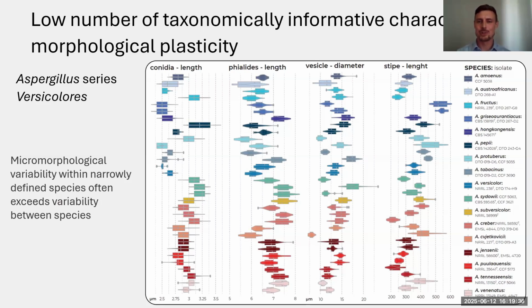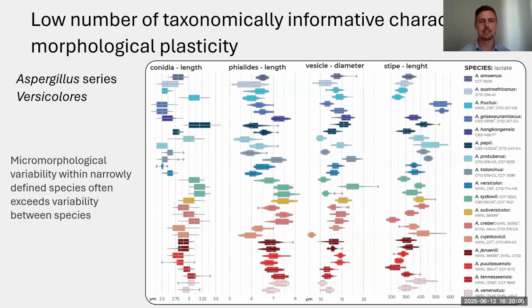So I wanted to demonstrate here, these box plots show the measurements of several morphological traits of Aspergillus series Versicolores, and the colors are showing different species.